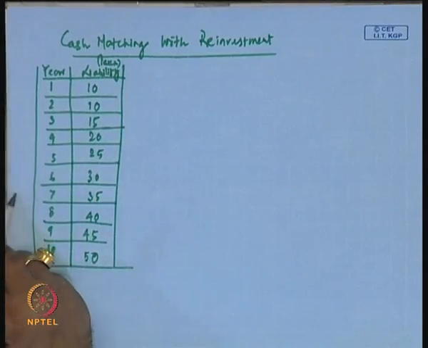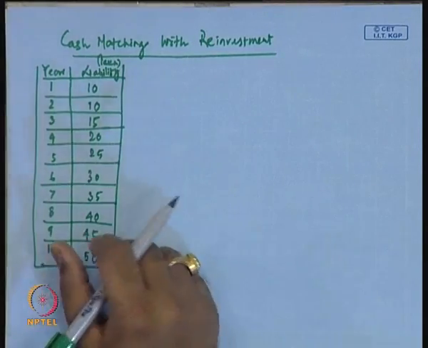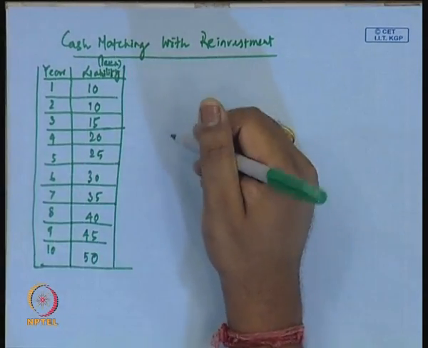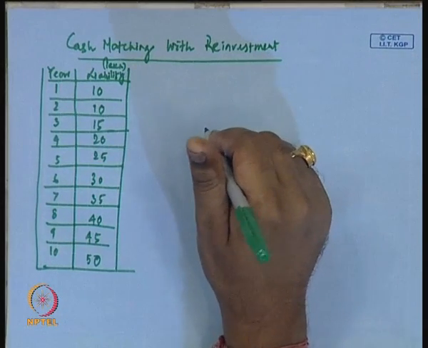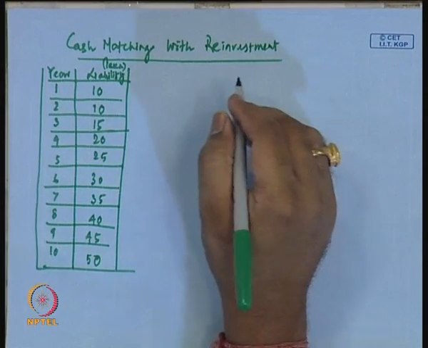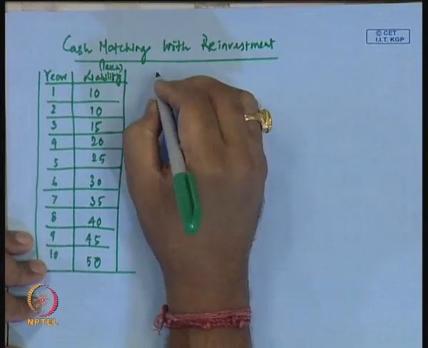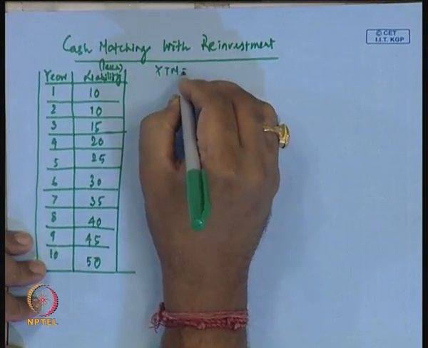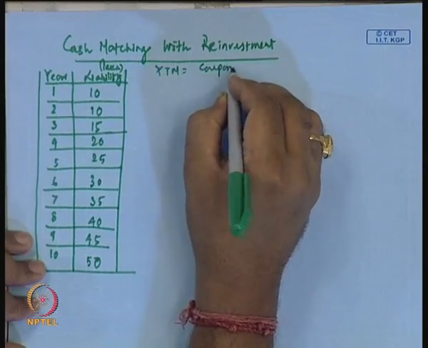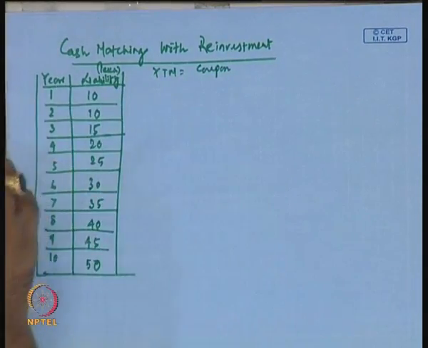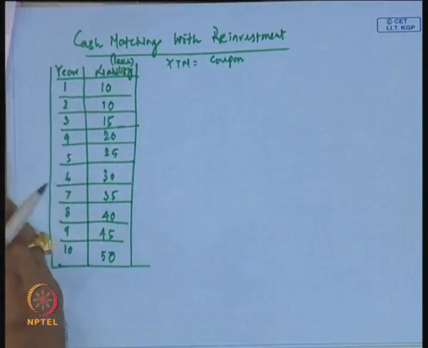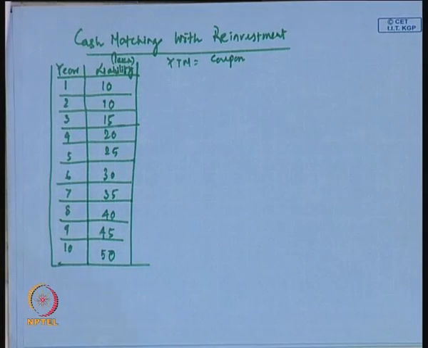For simplicity, we can assume that all the bonds are currently trading at their face values, and therefore the YTM is equal to the coupon rate. They trade at YTM equal to coupon because they are traded at face value in that period.